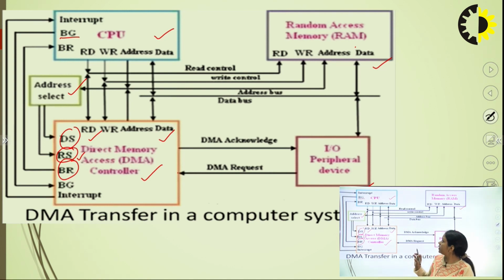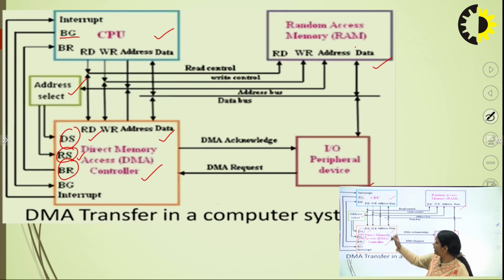So, these three main pieces of information will be sent by the CPU to the DMA controller, and this process is known as DMA initialization. Okay. So, when the CPU gets the bus request, it will select the DMA, then initialize the DMA and send some important data regarding the transfer to the DMA controller.